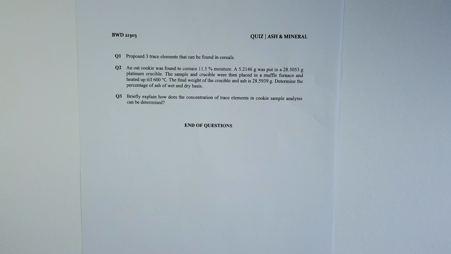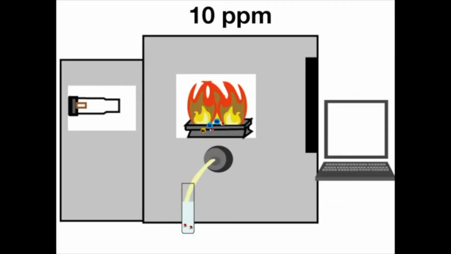And then you need to explain in detail, although not too detailed, just briefly. After digestion, you need to put the sample in the AAS, and then the compound will be atomized by the flame, and the radiation source, which is the lamp, will pass through your sample.